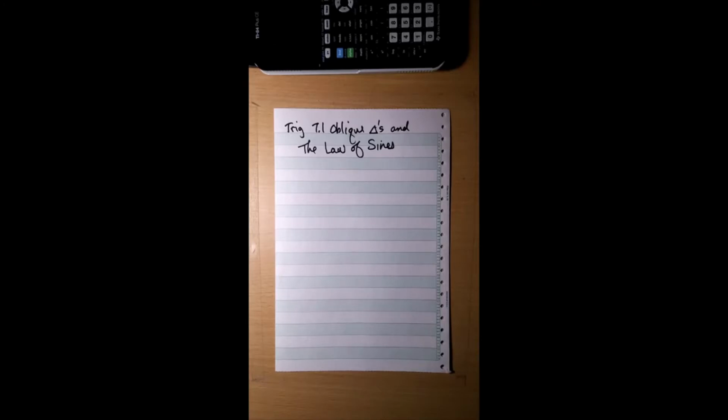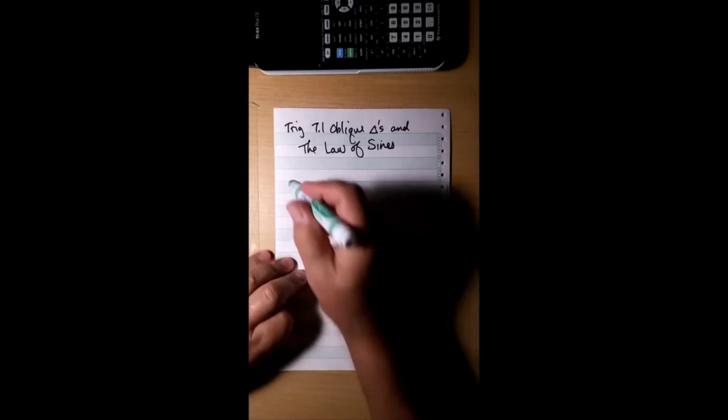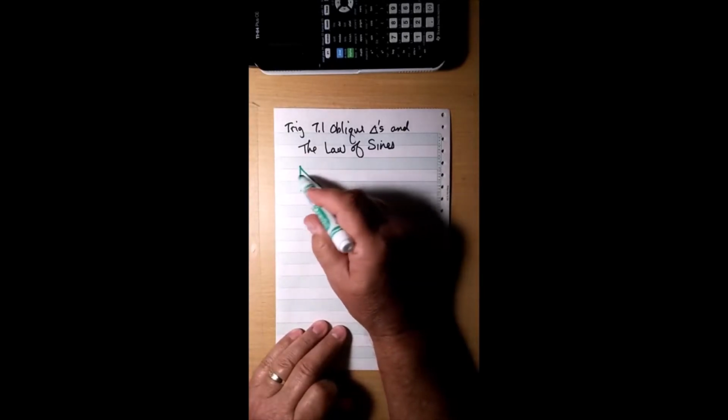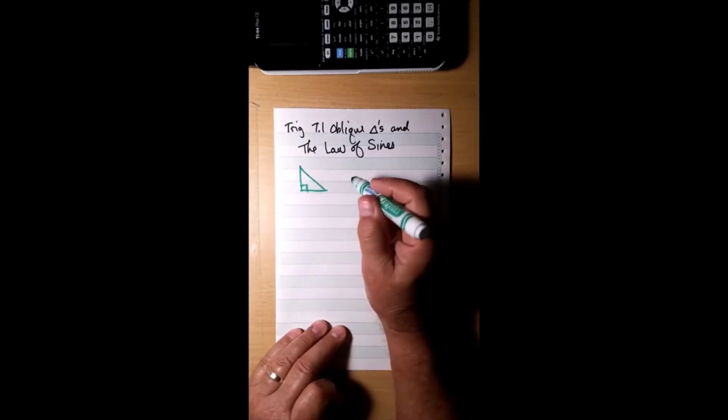This is Trigonometry, Chapter 7, Section 1, Oblique Triangles and the Law of Sines. What the heck is an oblique triangle anyway? Well, we've gotten special understanding over right triangles. This uses the trig definitions: opposite, adjacent, hypotenuse.